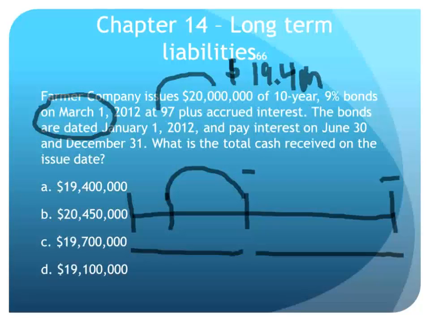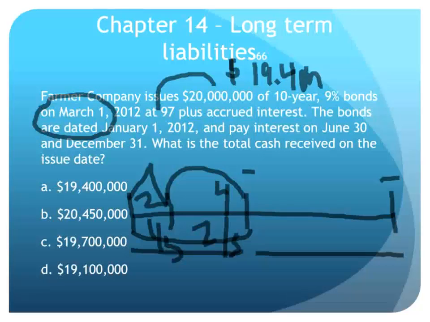Since it pays more than it owes, a little amount gets tacked on to the issuance amount. In other words, this is 1/3, and this is 2/3, because this is 4 months and this is 2 months.